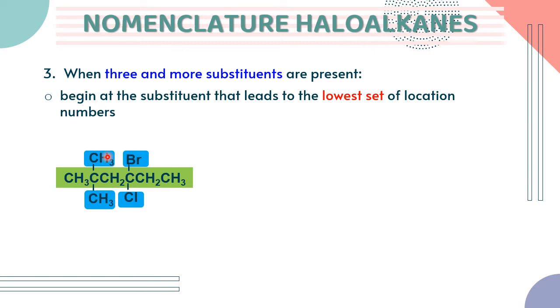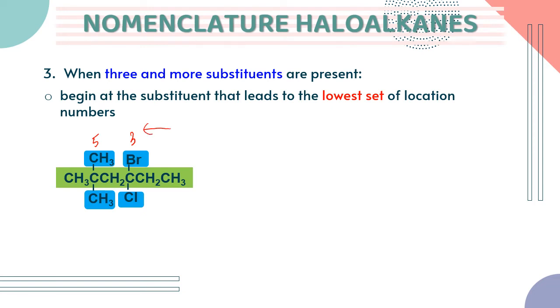If I number it from the right, it will be 1, 2, 3. Let me just write it down. This is at carbon 3, and then 4, 5, this is at carbon 5. That is from right to left.